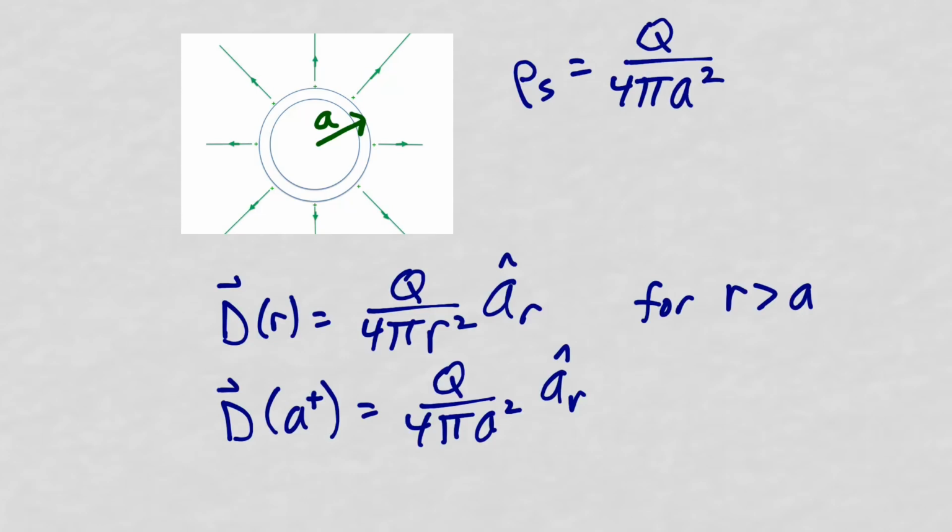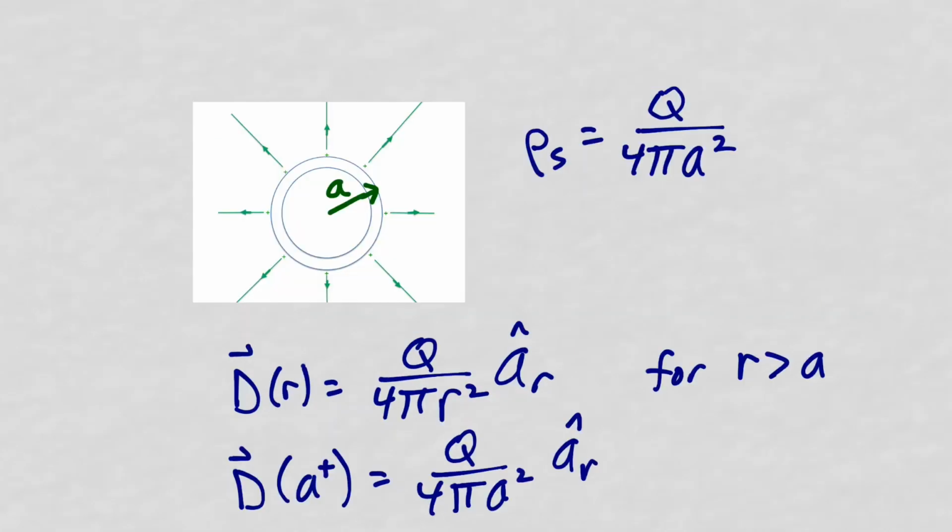So the magnitude of the electric flux density field on the surface of the sphere is the same as the charge density on the surface of the sphere. And that makes sense because for every 1 coulomb of charge, there will be 1 coulomb of electric flux emanating from it.